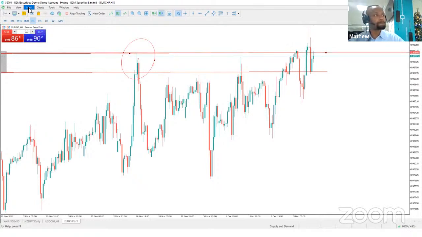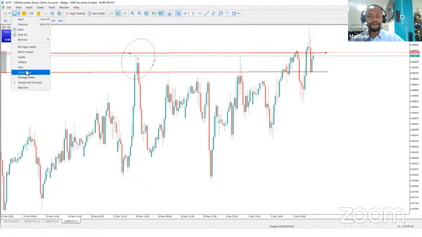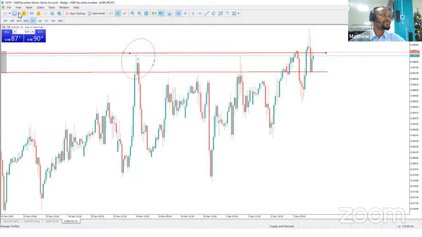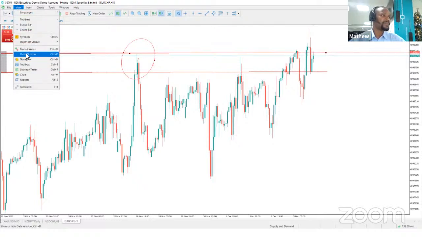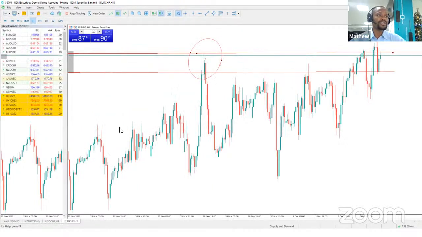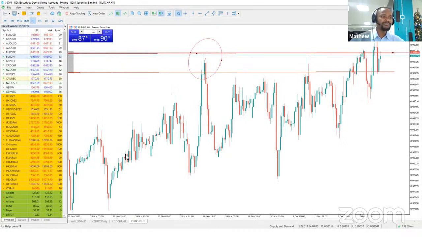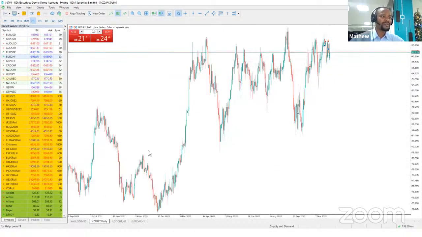Let me try and find an example for demand. So I'm looking at the market watch, so we can scan several together. All right, and here I'm looking at New Zealand yen.